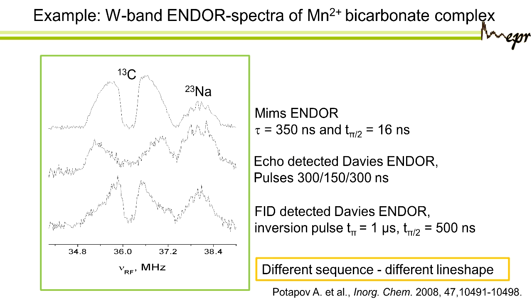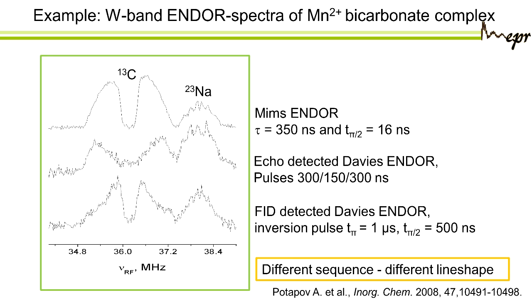Now, I just want to show you that when you do ENDOR experiments, your line shape often depends on the type of experiment that you do, and you have to worry about it. This is a spectrum of manganese bicarbonate. Again, we see mostly the half minus half transition. The first spectrum is with C13 bicarbonate, so you expect to see coupling with C13.